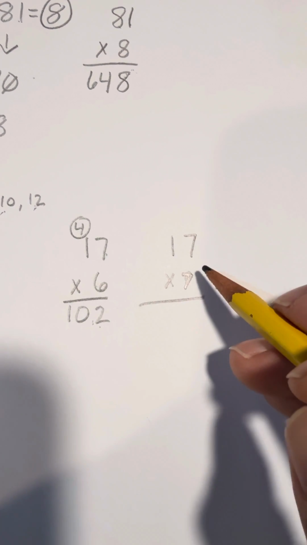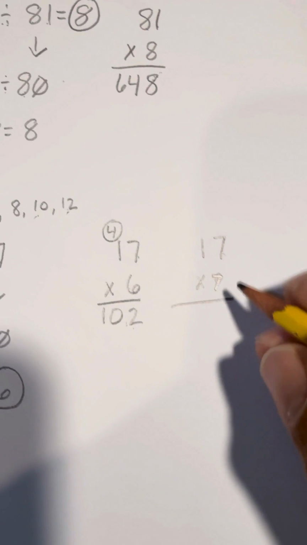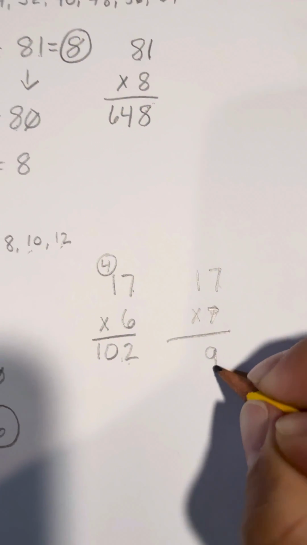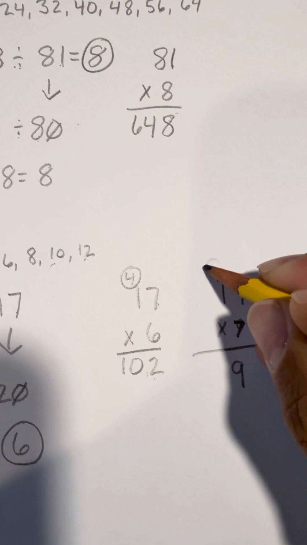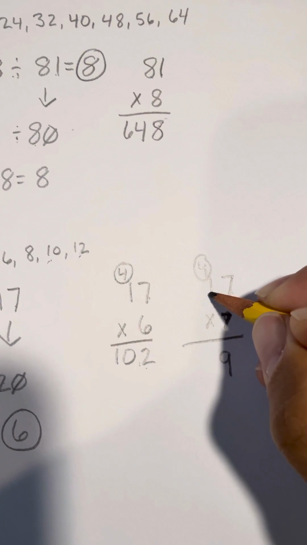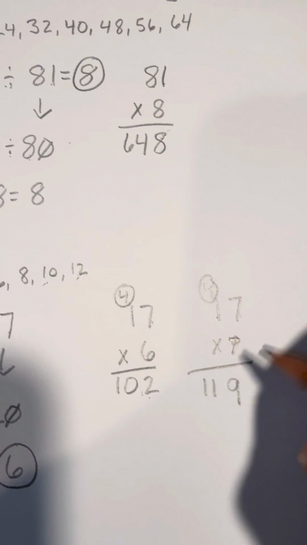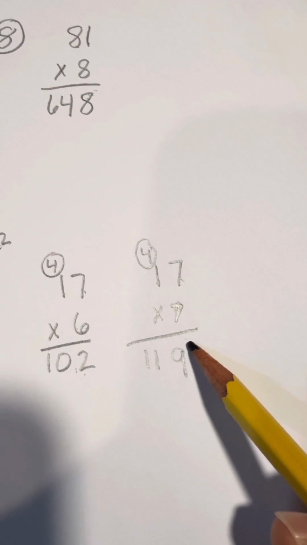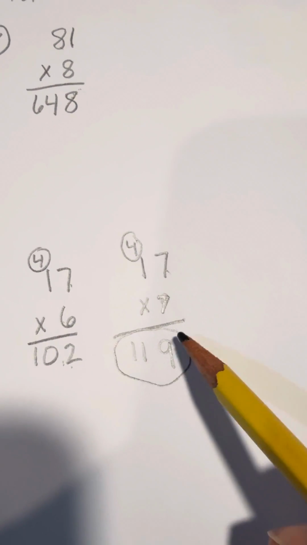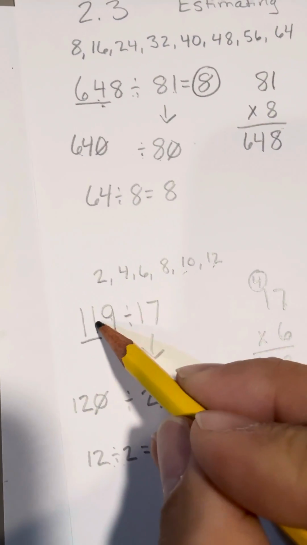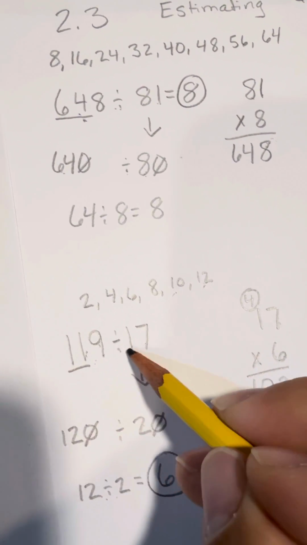We're going to do the same thing. 7 times 7 is 49. 7 times 1 is 7, plus 4 is 11. And as you can see, my actual answer matches up now. So then I can say 119 divided by 17 equals 7.